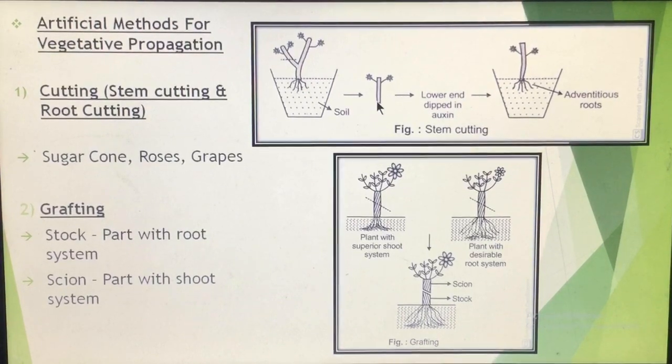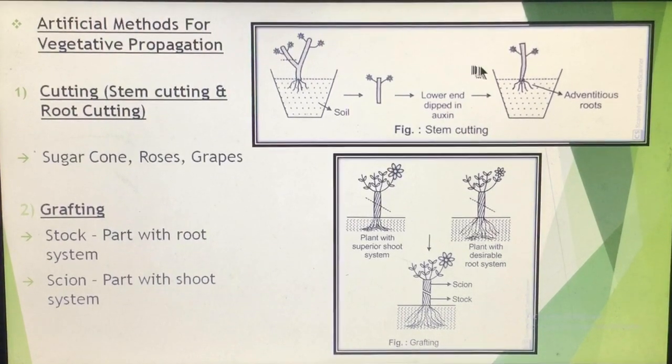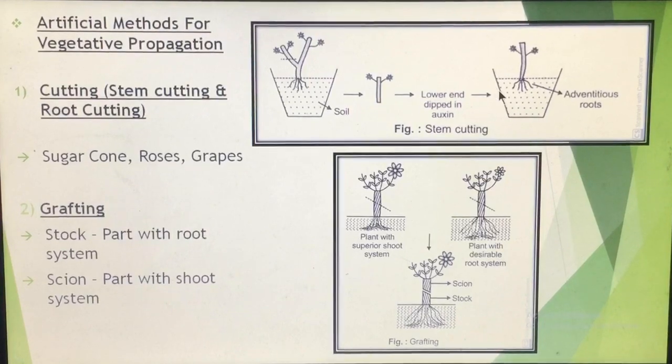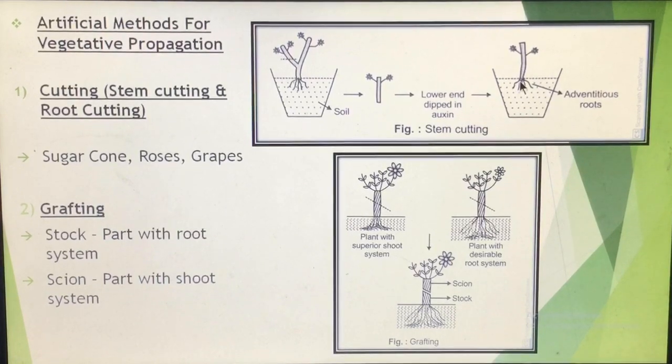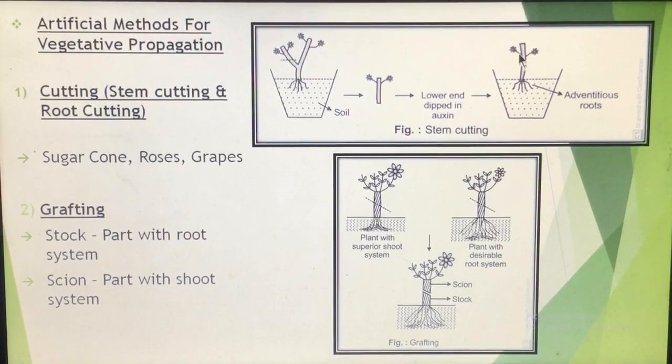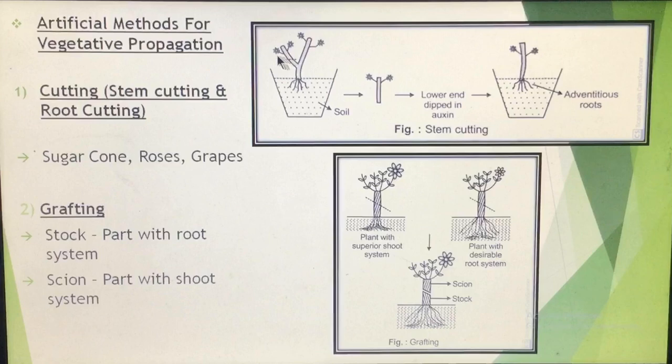So if this cut part of a stem is placed in a pot, after a few days you will find that adventitious roots develop and the stem starts growing, the leaves start forming and the branches also come out. So from a small portion of the stem, a complete plant can be grown.